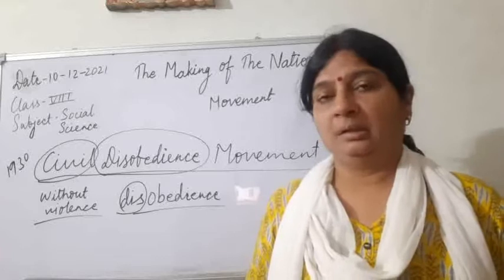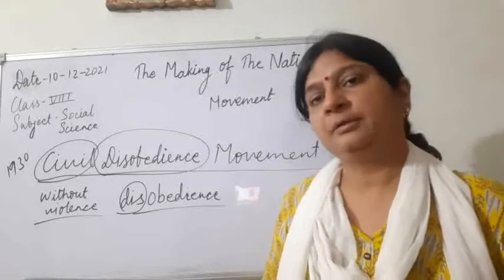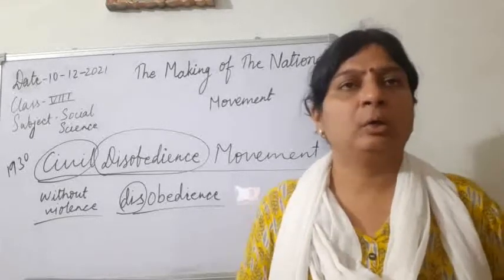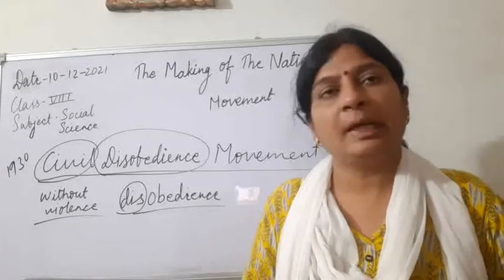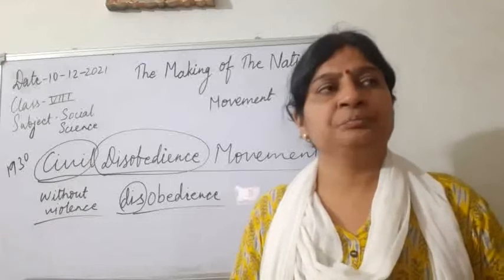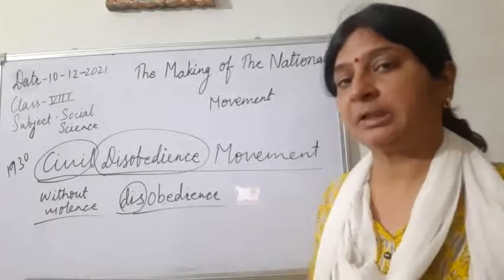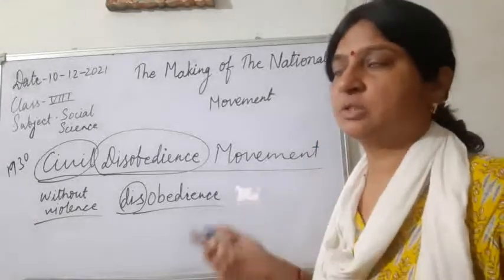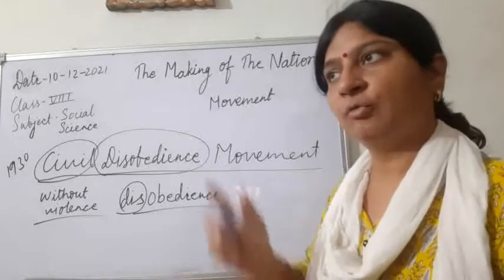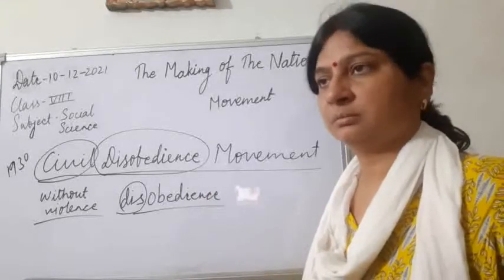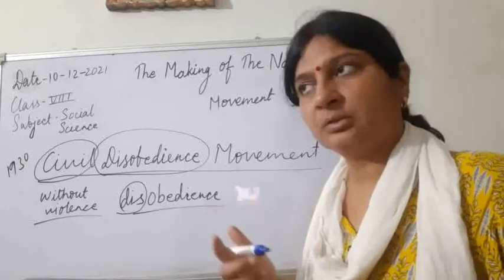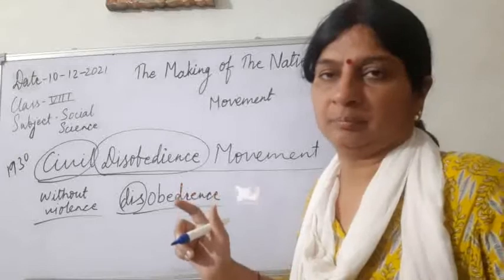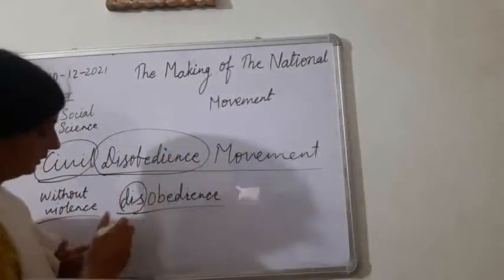So now we find that Gandhi was again the leader of this mass movement, and in this movement, which law particularly did Gandhi choose for not obeying?